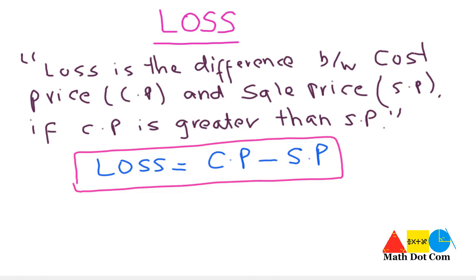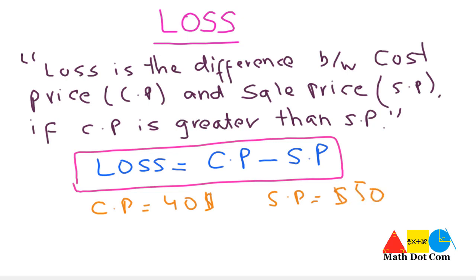Now we will continue with the last example where the cost price was $40 and the sale price was $50.